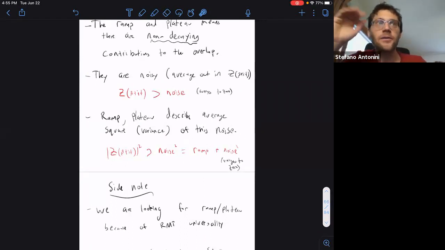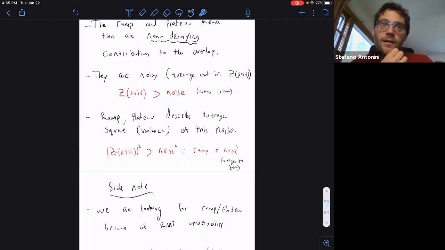I understand why the slope generalizes to higher dimensions, because this length growing always happens. Yeah, the wormhole grows also in higher dimensions. But is the ramp and the plateau also something that we should expect in higher dimensions or in different theories of gravity?